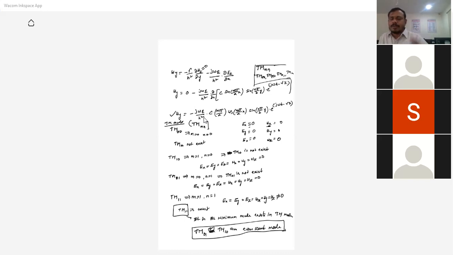You need to remember the first 4 general equations for Ex, Ey, Hx and Hy. Suppose they give a TM mode, then we derive the expression for Ez, and then you can write all 6. In the same manner, suppose they ask for TE mode, first you write the 4 general equations.